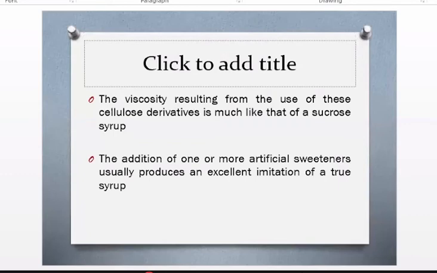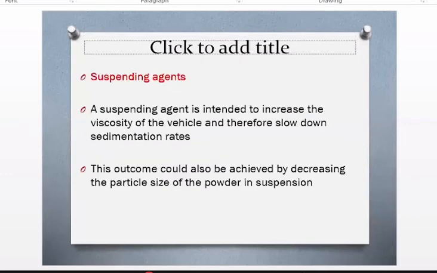Then you've got suspending agents in cases where you are manufacturing suspensions. This should ring a bell from last year's lectures under colloidal systems of suspensions and emulsions.